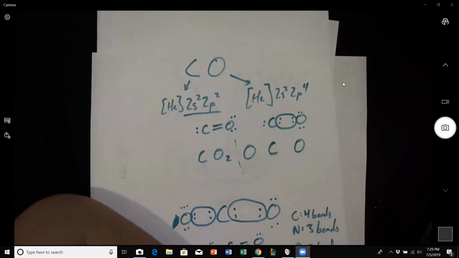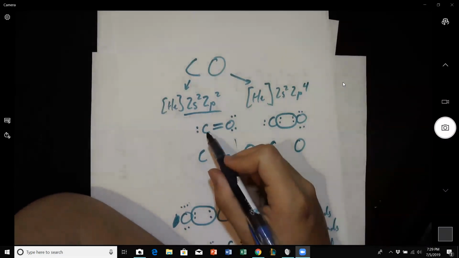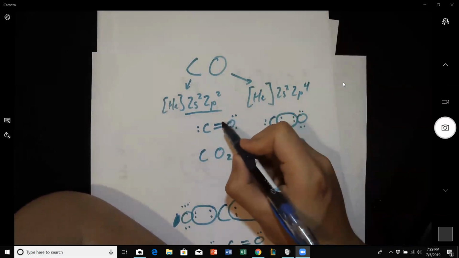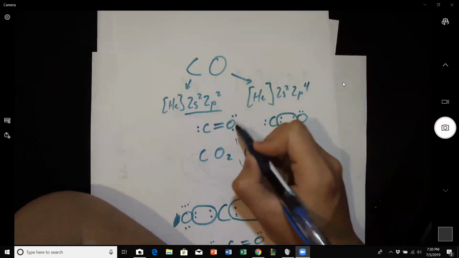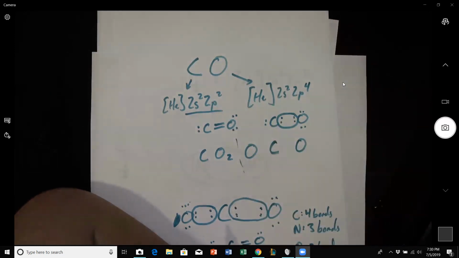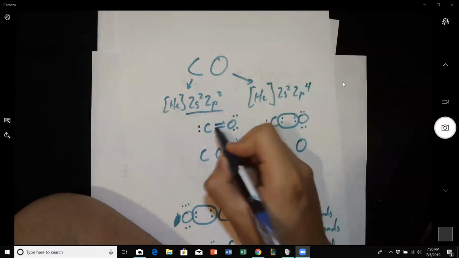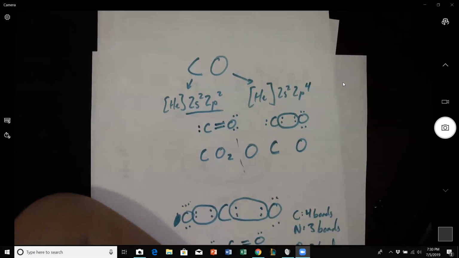Maybe 50% right. But you might notice that the oxygen has 1, 2, 3, 4, 5, 6, 7, 8 electrons, right? Because the double bond is 4 electrons. However, the carbon atom has 1, 2, 3, 4, 5, 6 electrons. So this carbon atom is not following the octet rule.